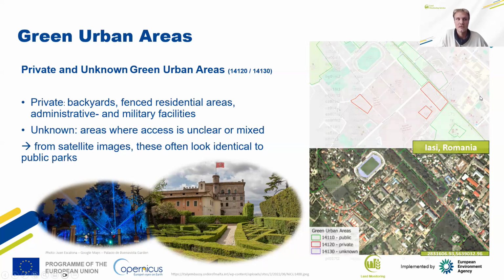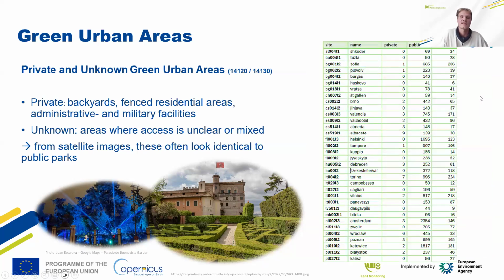One click further, you have the table which shows an analysis of some functional urban areas for the 2021 production, divided into the three subclasses. We have the private, public, and unknown subclass, and you see that there are not too many private green urban areas, and the unknown class is mostly below 10% in total. Next slide, please.